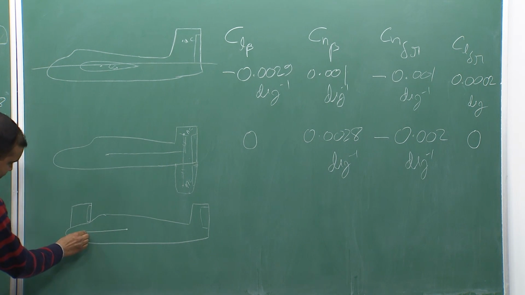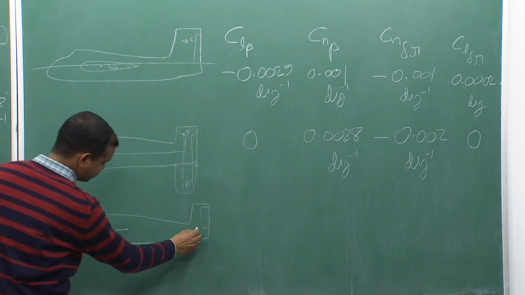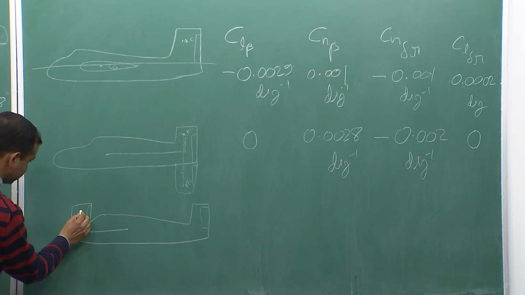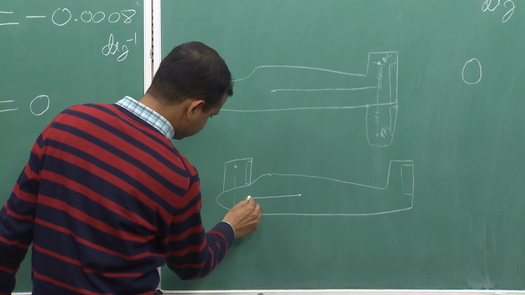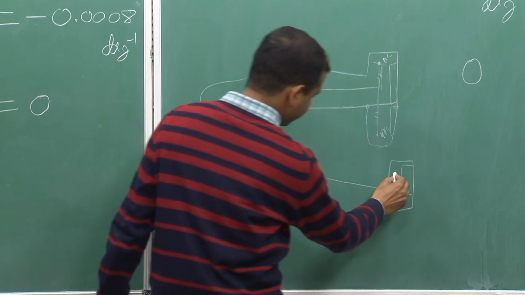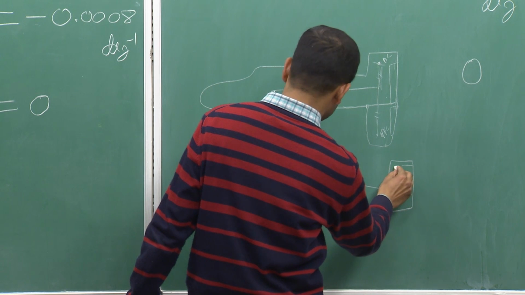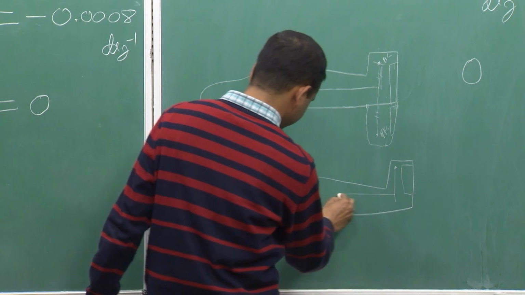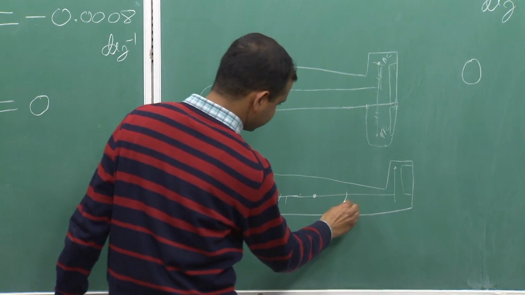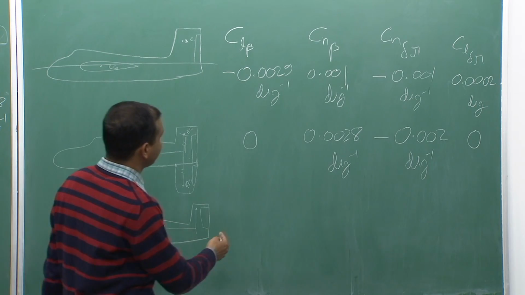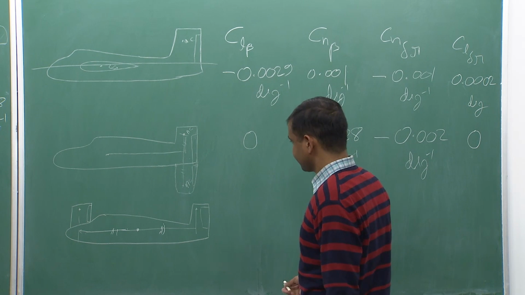The moment arm for this, suppose this is the aerodynamic center of this one, and for this the aerodynamic center is here. For both, the moment arm is the same, suppose the CG is somewhere here. So, what will be the values of these derivatives?